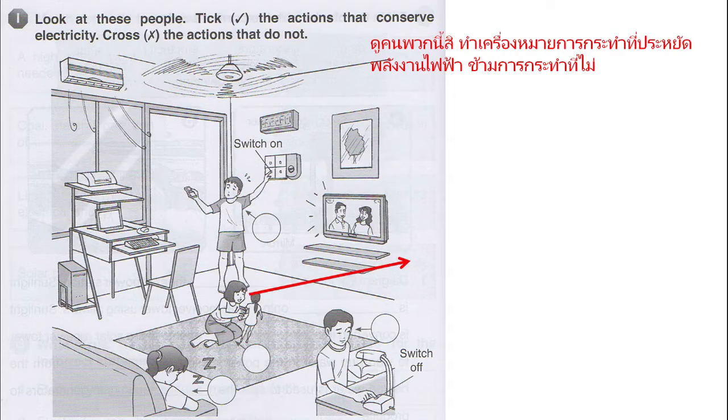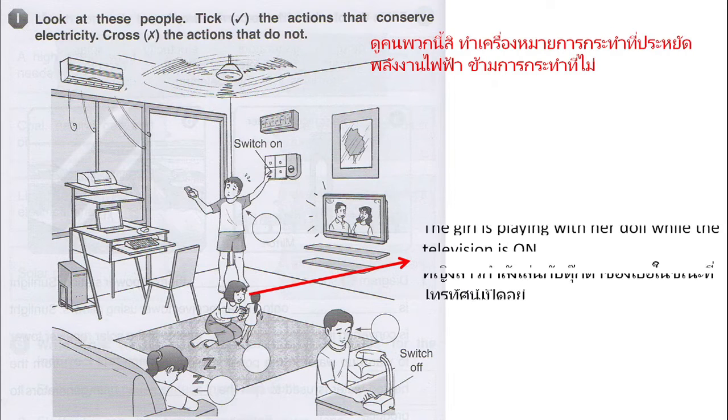Next, look at the arrow. The girl is playing with her doll while the television is on. Do you think that action conserves electricity? No, it does not conserve electricity at all.